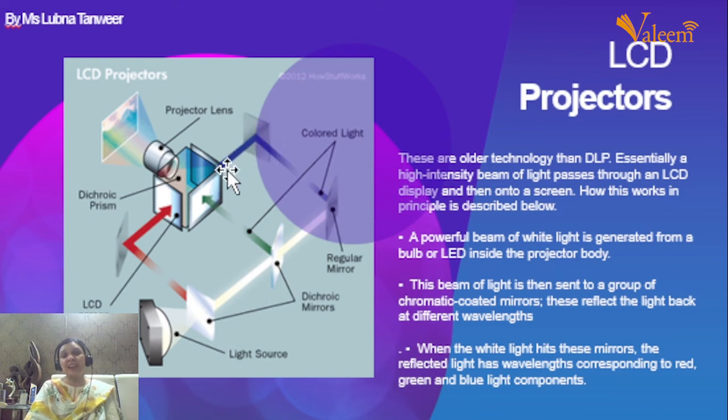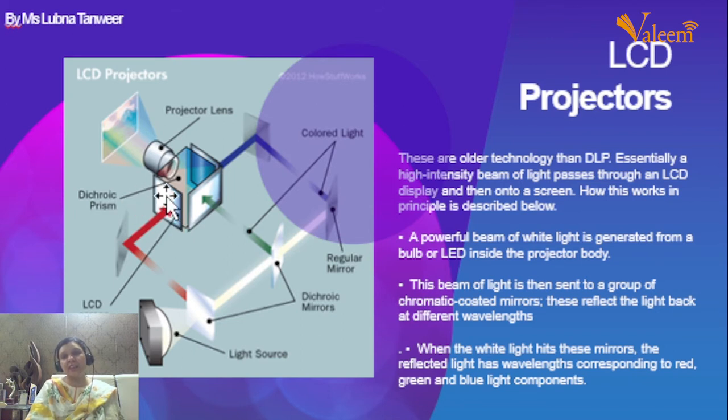When this light falls on these LCDs, what will happen? Three different monochrome images are formed. You must know about a monochrome image. Monochrome means a single color with different shades of it.